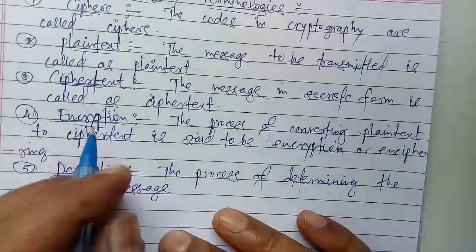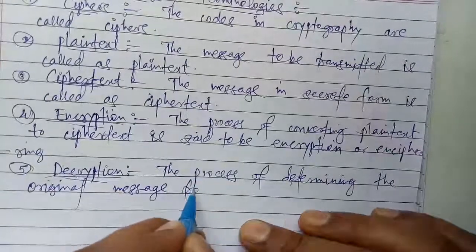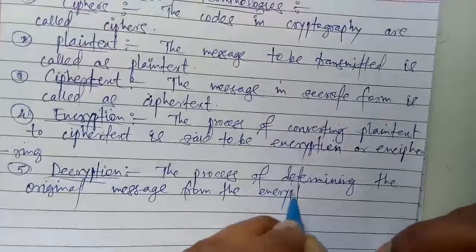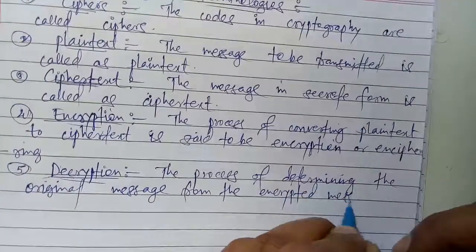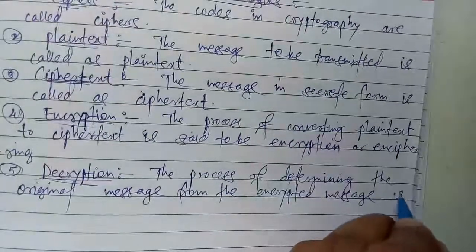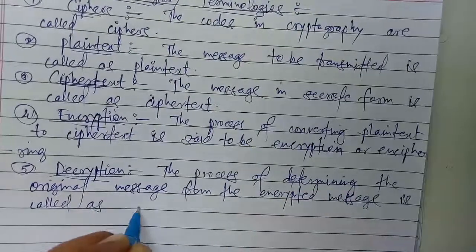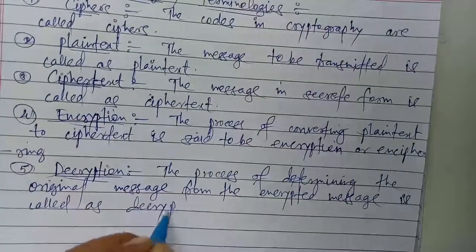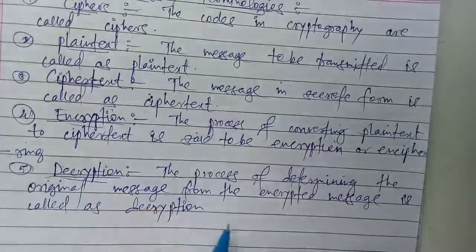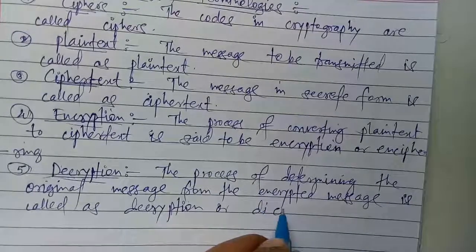The process of determining the original message from the encrypted message is called decryption, or deciphering.